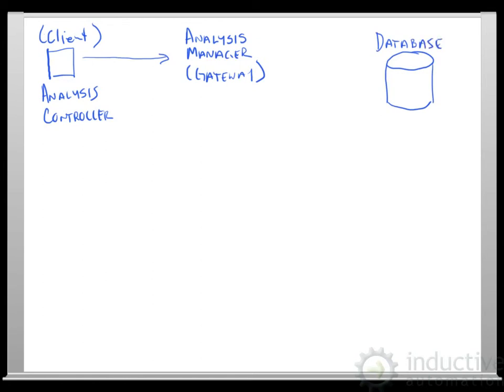So the request comes in, then the analysis manager first has to build select statements based on the request. And that's really quite dynamic because we don't know what you're going to ask for and what data we need to get.